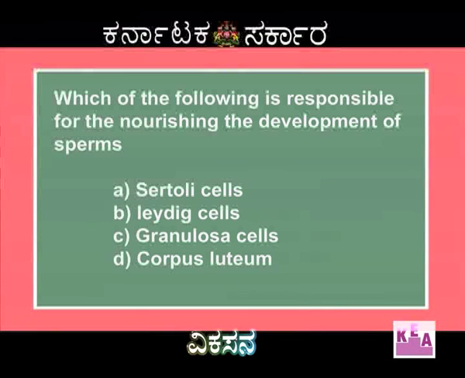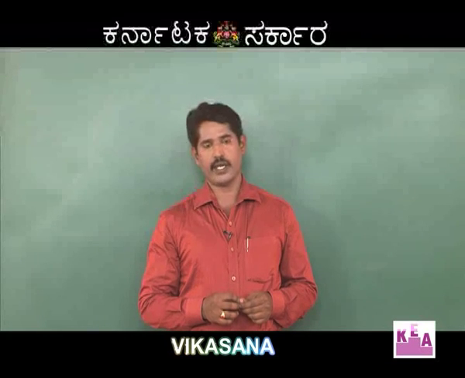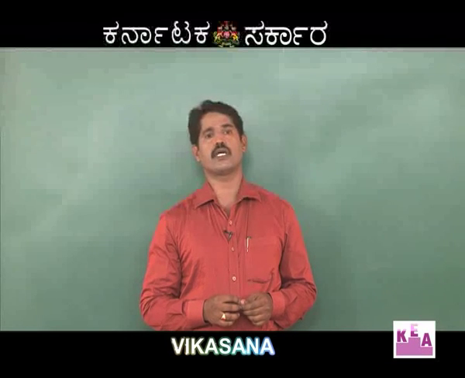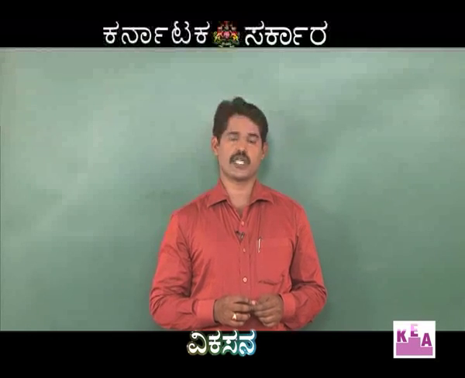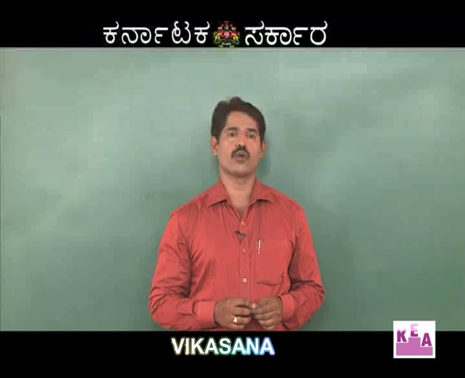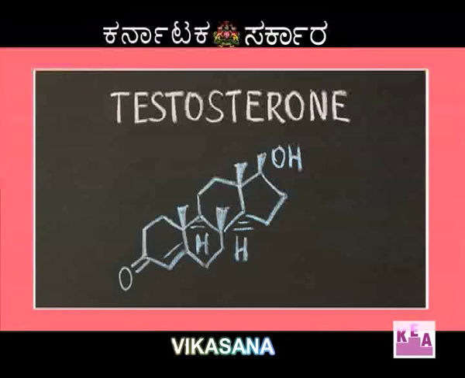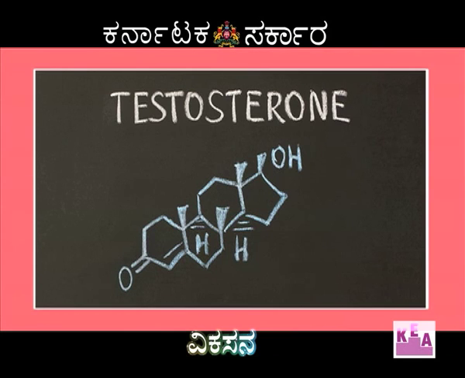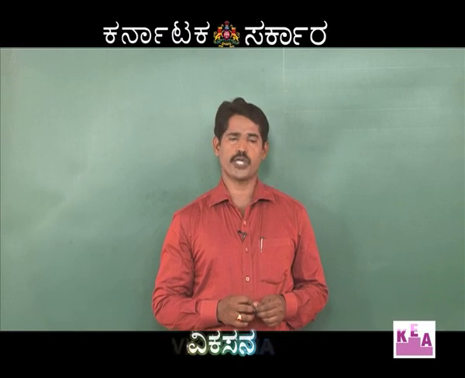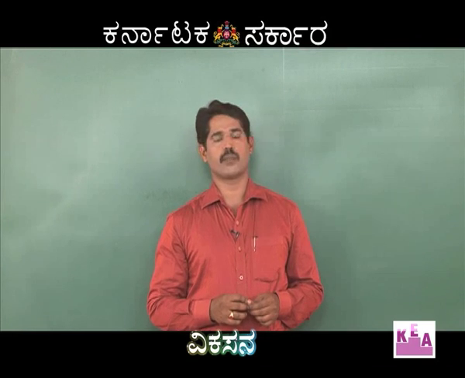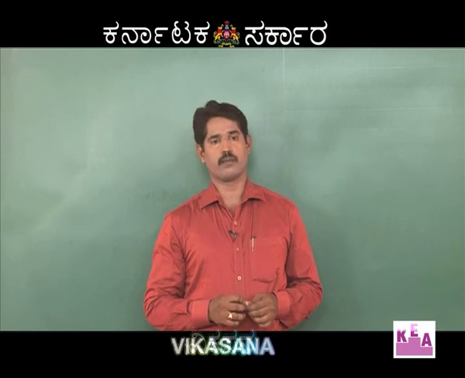If you look into the second option, Leydig cells, these cells are endocrine in nature and are situated between the seminiferous tubules. These Leydig cells are involved in the secretion of a male sex hormone called testosterone, which is involved in the maintenance of secondary sexual characteristics in human males. The third option, granulosa cells, are the cells which usually surround the secondary oocyte, particularly in the Graafian follicle.